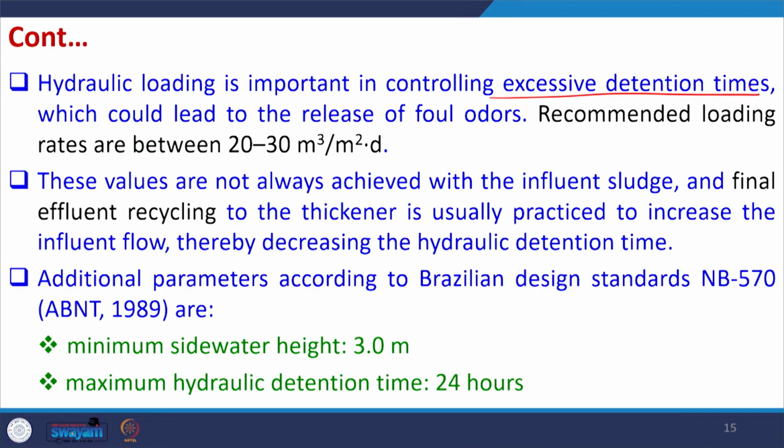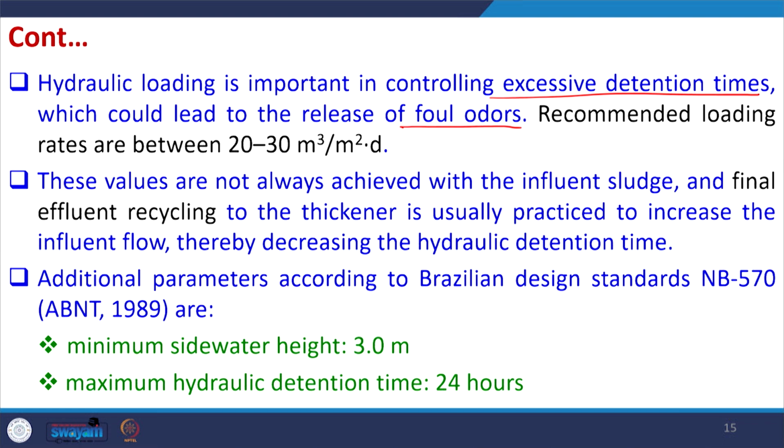The hydraulic loading is important in controlling excess detention times, which could lead to release of foul odors. This is a very important thing, because wherever sludge dewatering, thickening, digestion and so on may occur, foul odor may come and cause problems for the whole management team, because the people who are living or passing through the surrounding areas will report it.